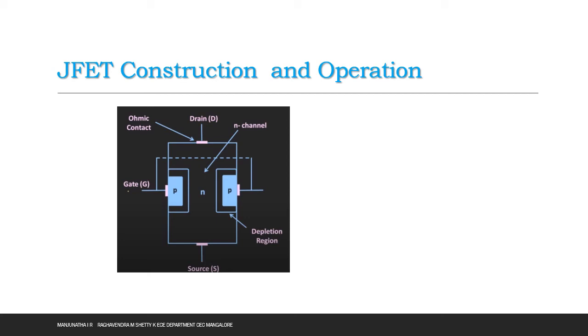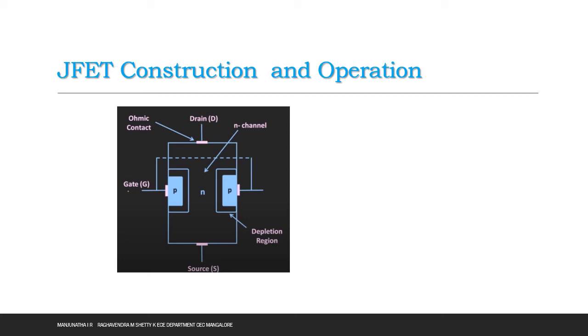As we know, there are three terminals: drain, gate, source. Next, we can observe the gap surrounded by the p regions. That indicates that it's a depletion region. The depletion region is present because of the PN junction. Because of two p regions, there are two depletion regions.